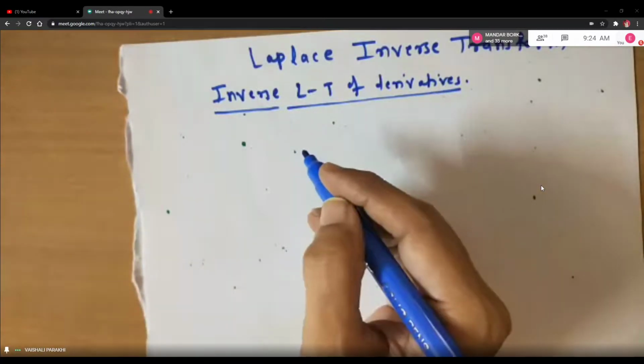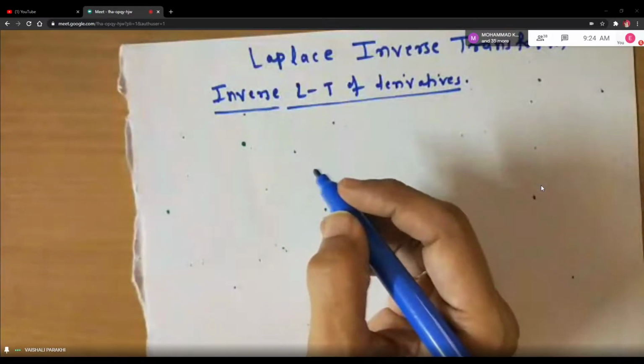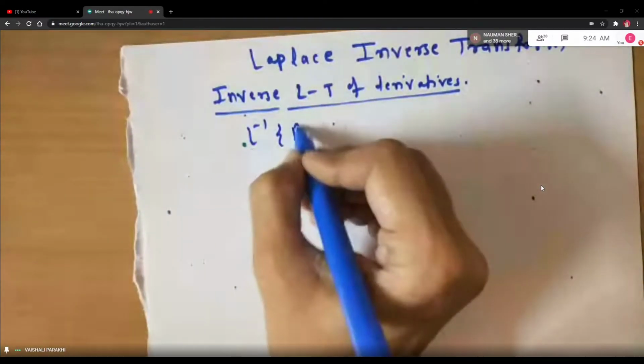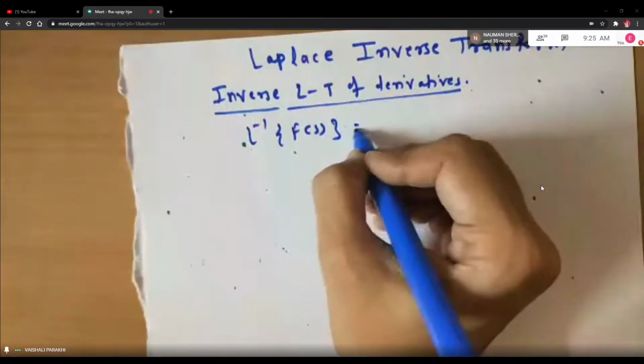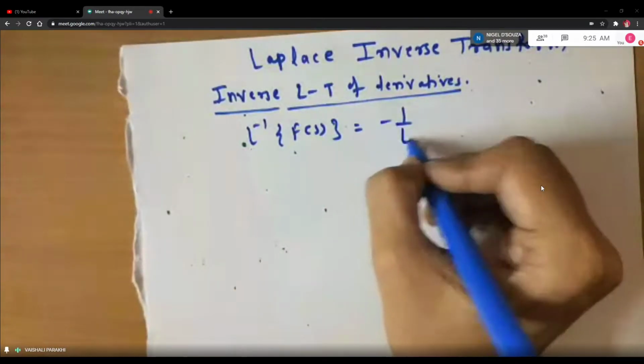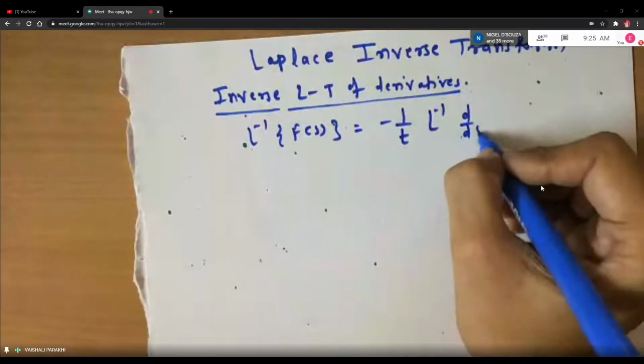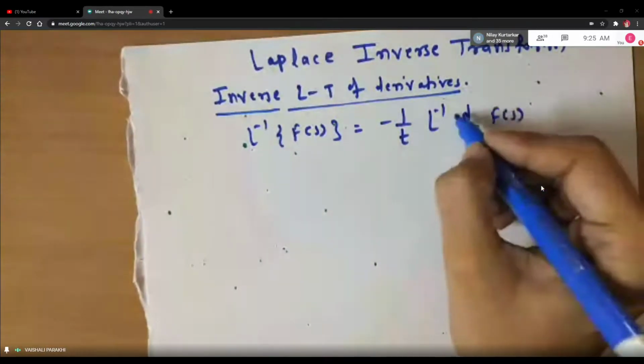It is like this: L inverse of f of s is equal to minus 1 by t L inverse of d by ds of f of s.